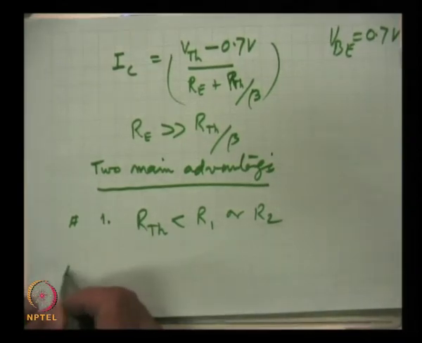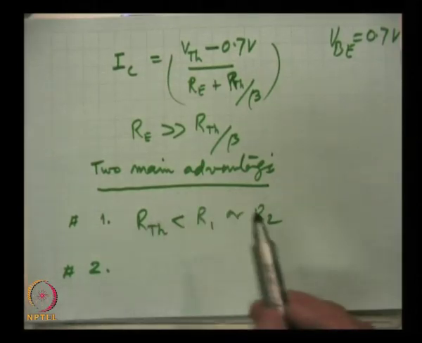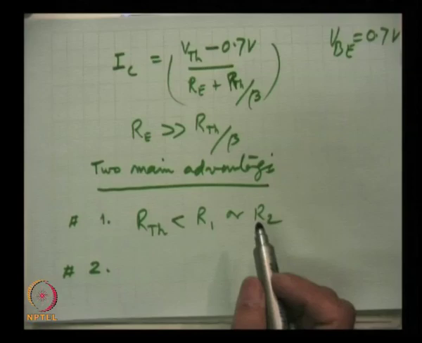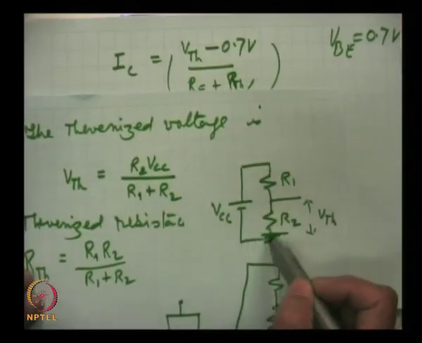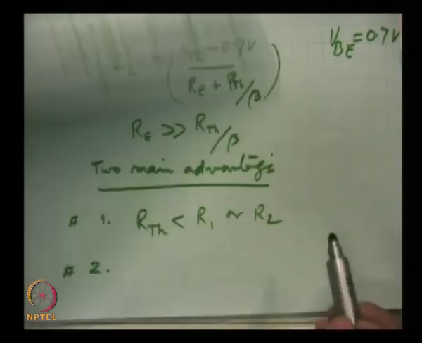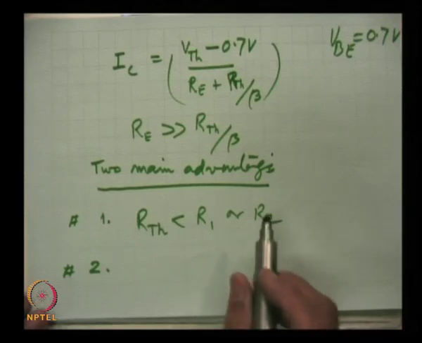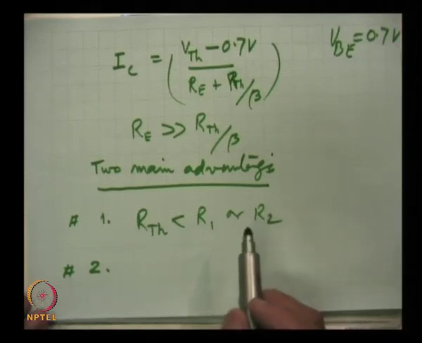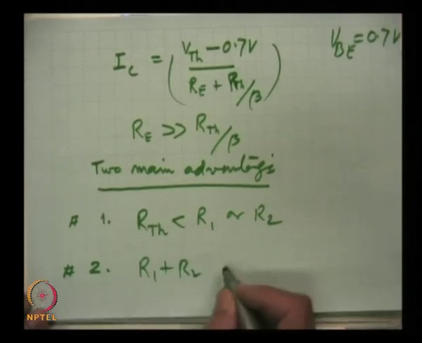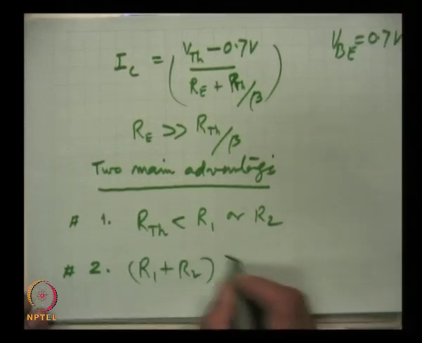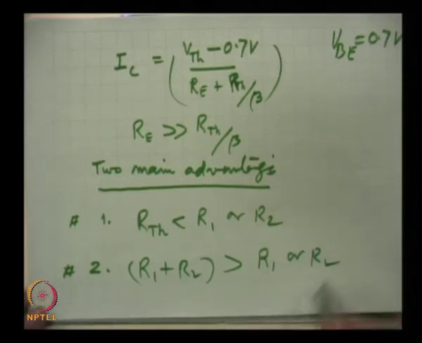And the second point, which is important when we are sourcing our circuit by a battery, is that the battery will see the two resistances in series, and hence the resistance seen by the battery is higher. R1 plus R2 is certainly having higher magnitude than R1 or R2 individually.